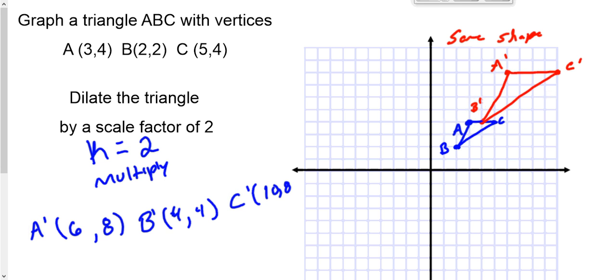You can also see that this scale factor has affected everything, not just the points. This edge between A and C was 2 squares long. Now it's 4. That scale factor of 2 is still very much apparent.